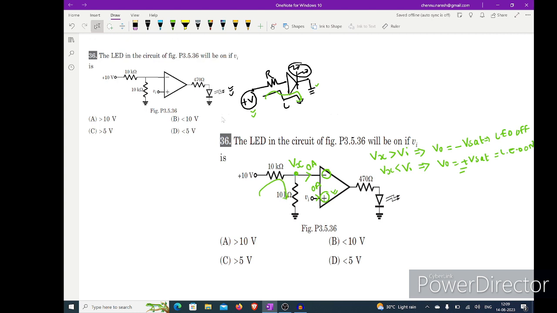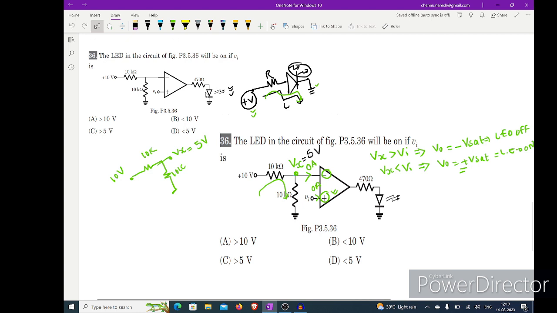If you apply the voltage divider, what will we get? Here we have 10 volts. This is 10k and this is 10k. Here we want Vx. It is not much, it is easy: 10 into 10 divided by 10 plus 10. So we have 5 volts here. So now I got Vx as 5 volts.